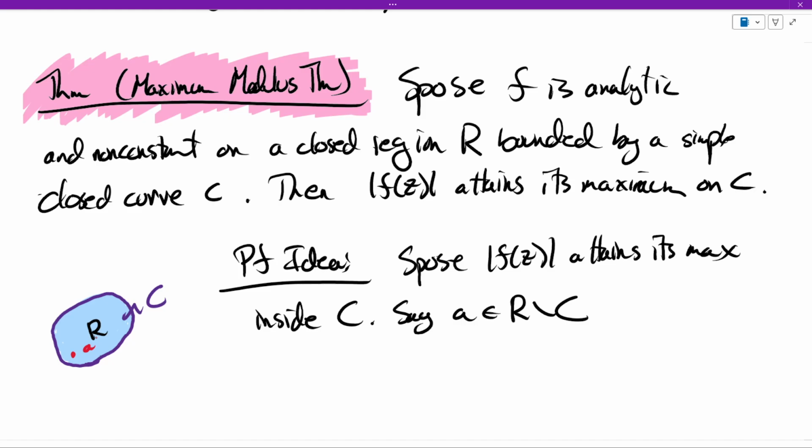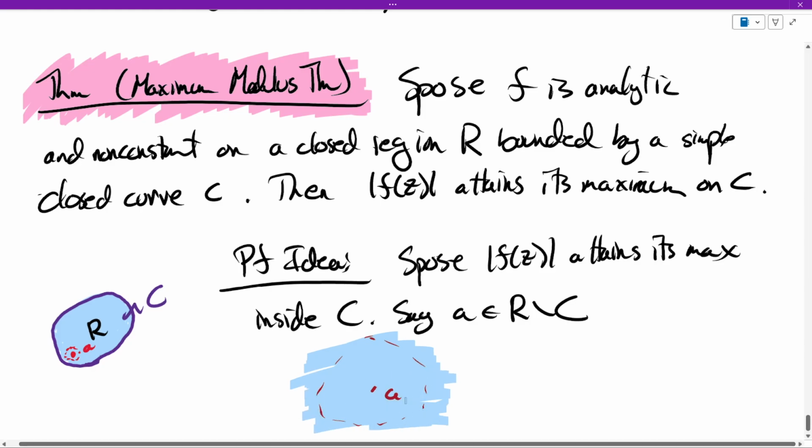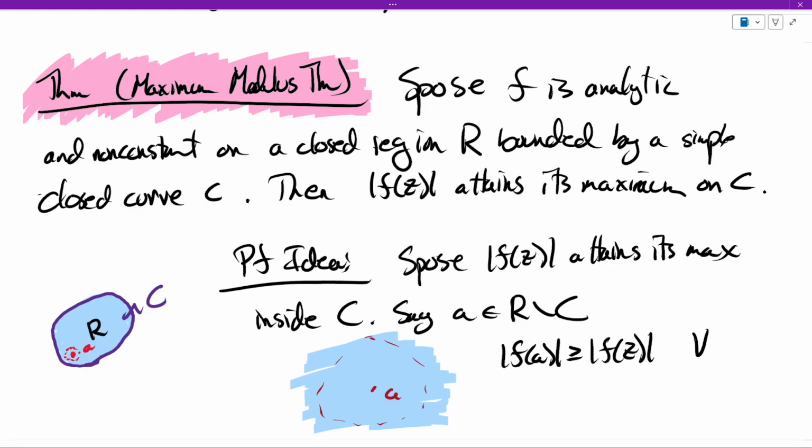What we're going to do is, since it's interior to the region, there's a small ball of some radius that contains A. So let me magnify that a little bit. Here we have A, and here we have a small ball that contains A. And the region is, of course, still here, but we have a ball that contains it. So the claim is that the modulus of f of A is bigger than or equal to the modulus of f of z for all z in R. That's what it's saying: the maximum happens inside.